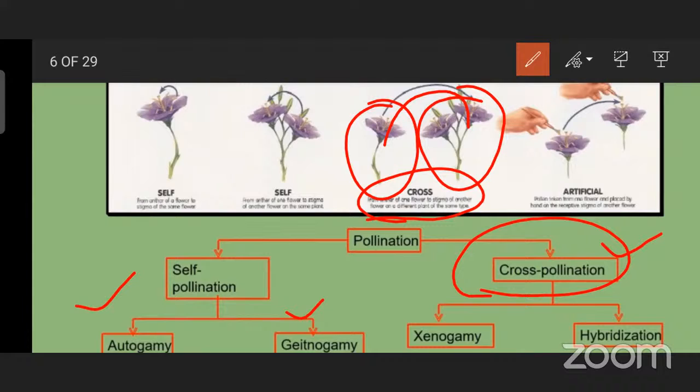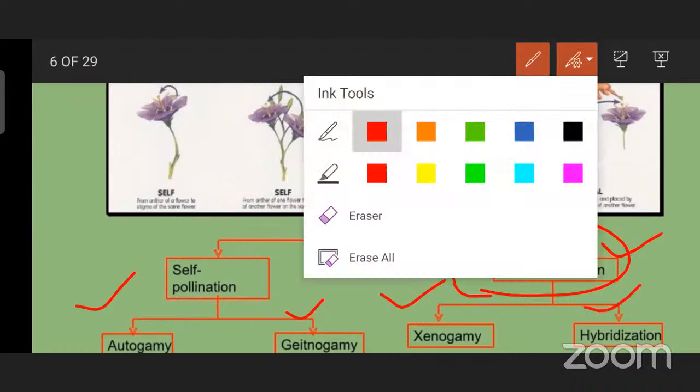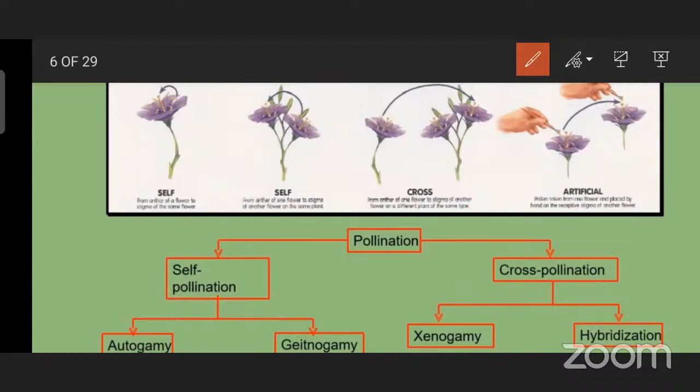Again, cross-pollination is also divided into two types. The first one is xenogamy and the second one is hybridization. So what is xenogamy? See here, when cross-pollination takes place between two plants of the same species, it is called xenogamy.